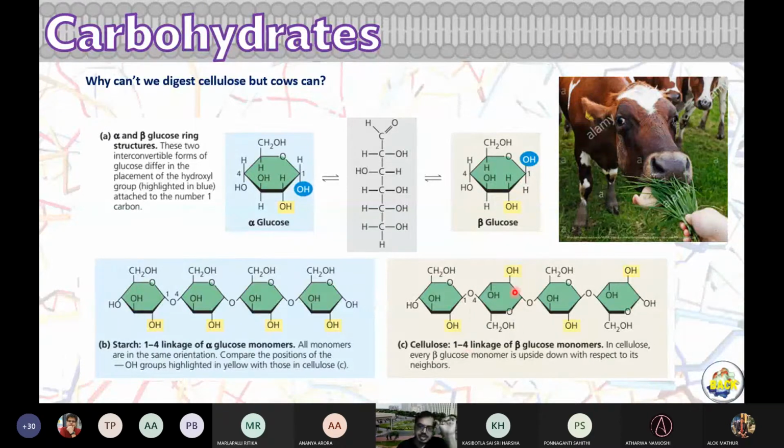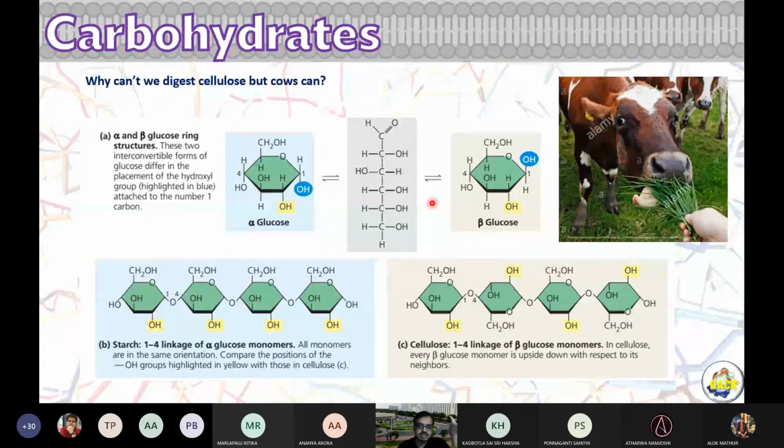Okay, remember that. And you can see that one monomer is flipped. Here the 6th carbon atom is above. This is the normal way. Here the second monomer is flipped. Same happens. This is the sequence. So we do not have enzymes which can digest these beta 1,4 linkages.